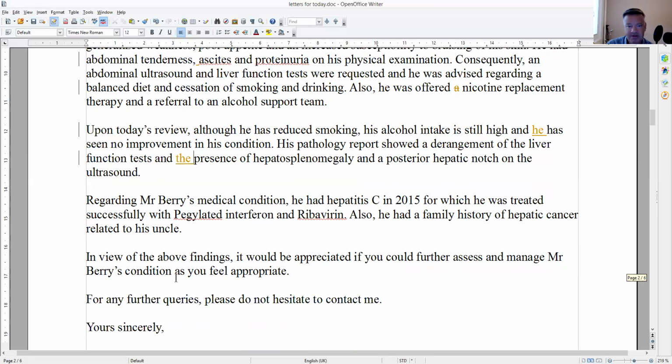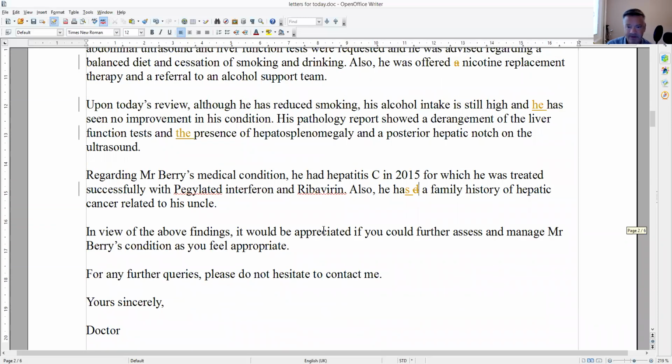Regarding Mr. Berry's medical condition, he had hepatitis C in 2015, treated successfully. Also, he still has, because he's not dead yet, a history. Also, he has a family history of hepatic cancer related to his ulcer.